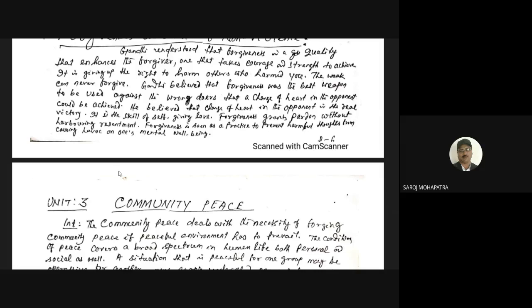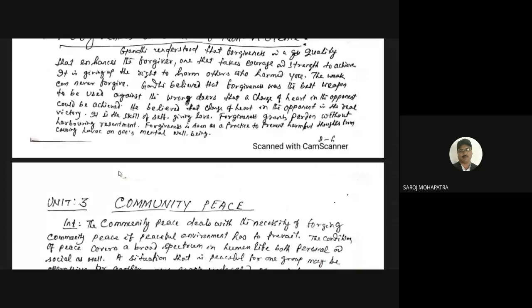That means he wanted to win the heart of the opponent, particularly the enemies. This is the very principle for which forgiveness has been adopted as a means through which conflict can be resolved. So he believed that change of heart in the opponent is the real victory.